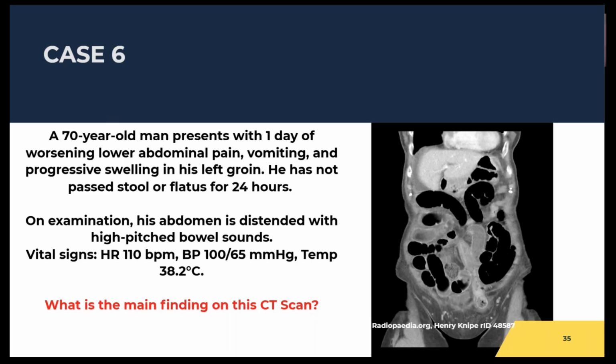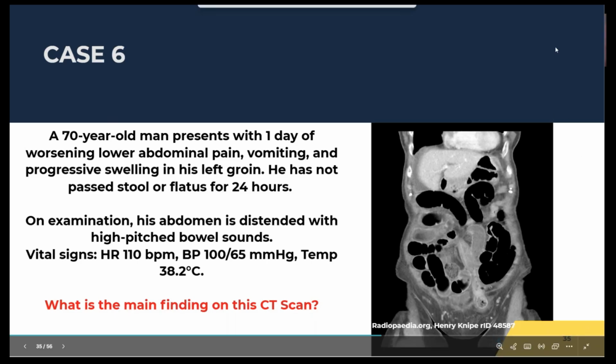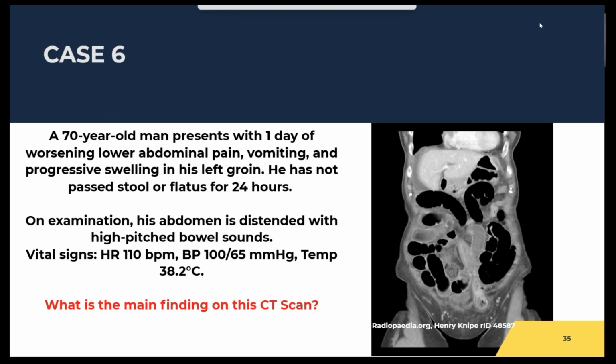So what can be seen on this CT scan? Yeah, someone mentioned a left-sided hernia.